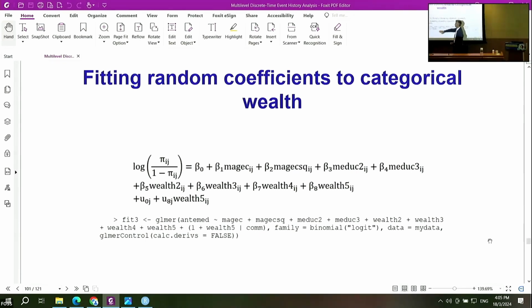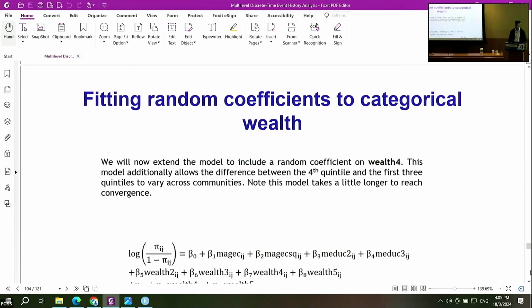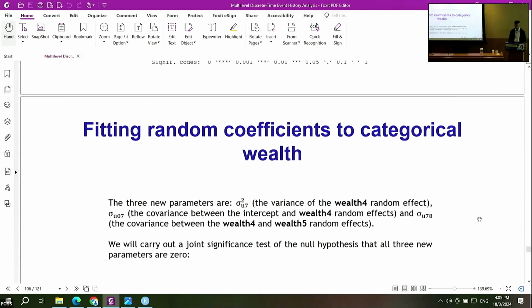So the interpretation for this random coefficient is exactly the same as the random slopes model, where we had a random slope for a continuous wealth variable. So it's virtually the same way of fitting that in R.